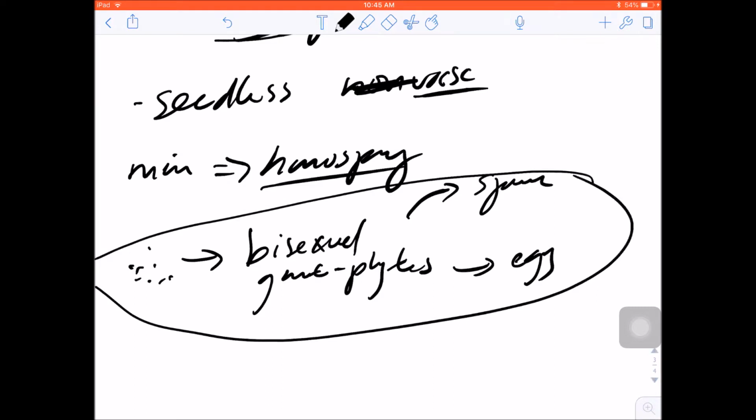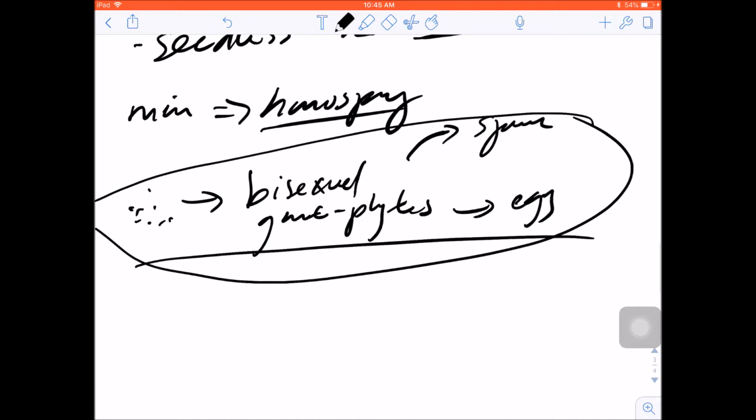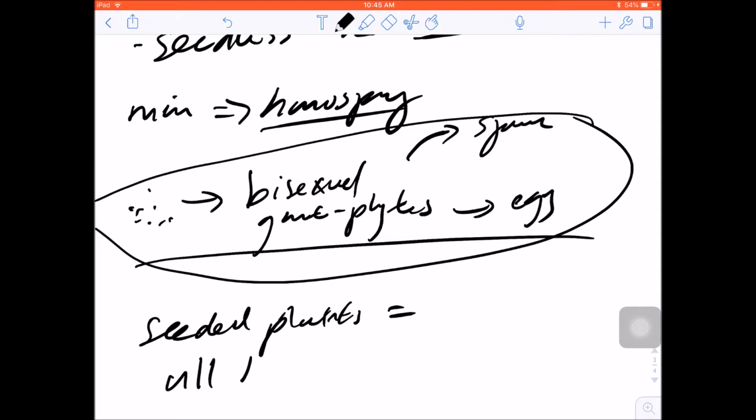This is the dominant life history in all these seedless vascular plants, even though there are some that are heterospores. You'll see as you get more and more advanced in the seeded plants, they're all heterospores. Cool.